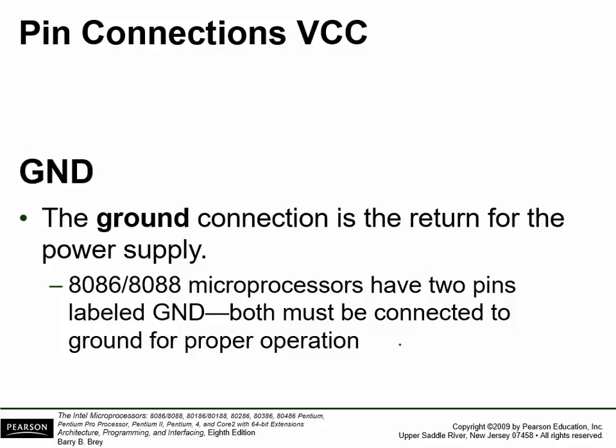I can have an external device operating on 5 volts and a microcontroller operating on 3.3 volts, and they can talk to each other perfectly fine. They don't have to share the same power, but they have to share the same ground. The ground is your reference point. Everything must share the same ground when we look at digital electronics and microprocessors. Ideally, everything is tied to a physical earth ground.